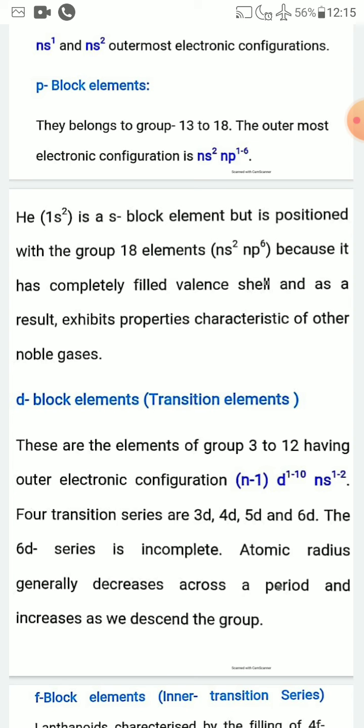So helium is an S block element, but it is positioned with the group 18 elements because it has a completely filled valence shell, and as a result exhibits properties characteristic of the other noble gases. So due to similarity with the noble gases, helium is positioned in group 18 with the other noble gases. Except helium, all the other noble gases are P block elements. Only helium is an S block element, but it is positioned with the group 18 noble gas elements.